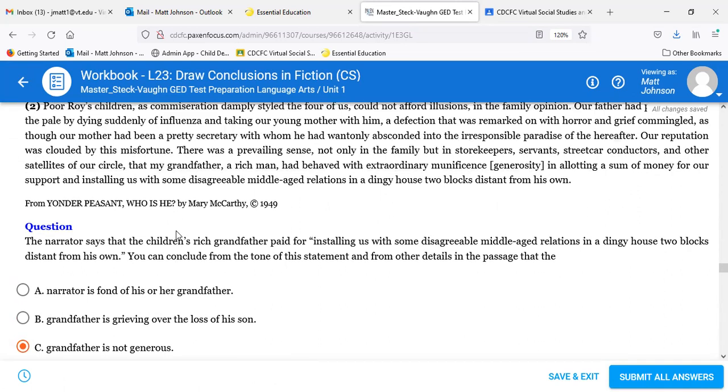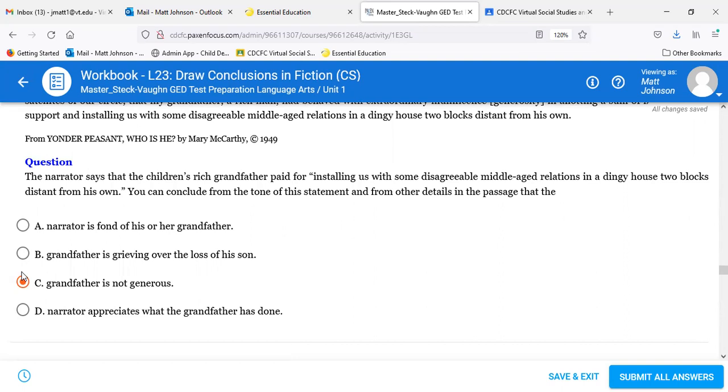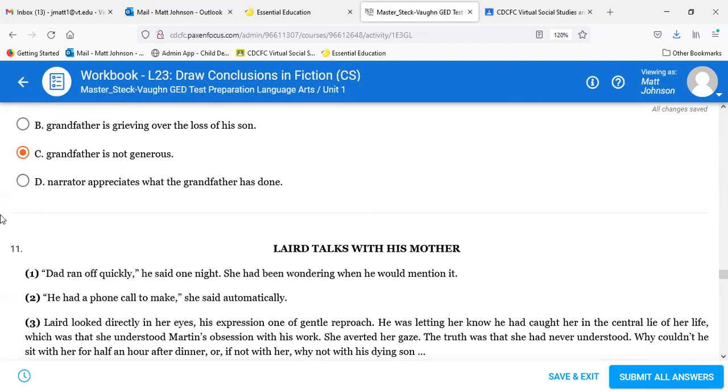However, he installed us with some disagreeable middle-aged relation. So it seems like they're living with another relative, in a dirty house that's not even really that close to his own. It's like 2 blocks away. So they're kind of out of sight, out of mind. So C for number 10.